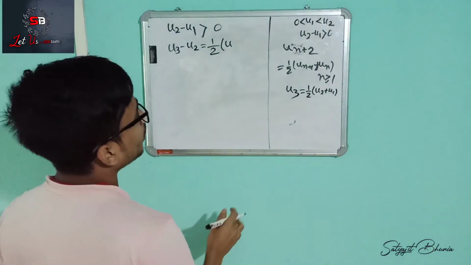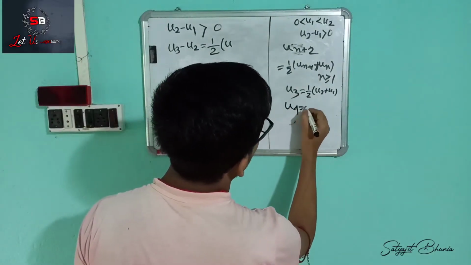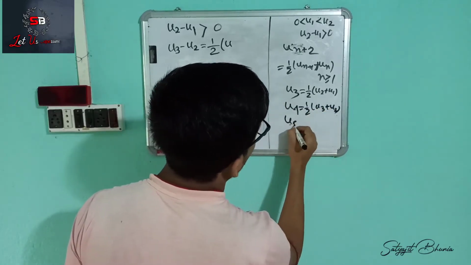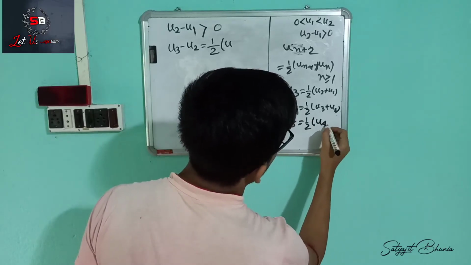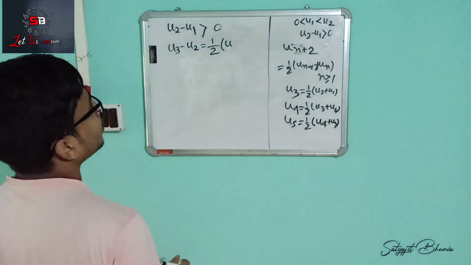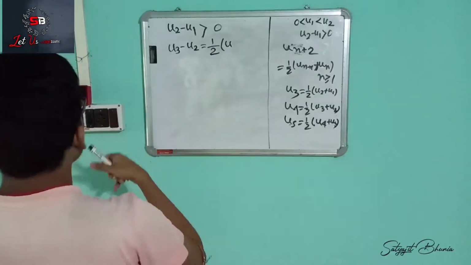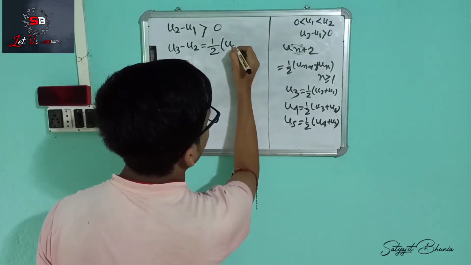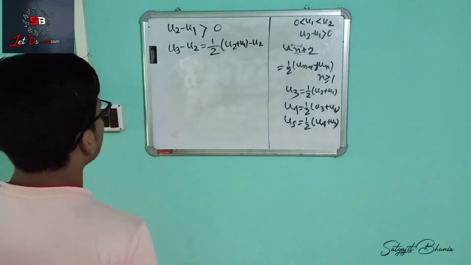In this way we can get u_4 also, from u_3 and u_2, then u_5 from u_4 and u_3, and so on. So from u_3, putting the value of u_3, u_3 minus u_2 is equal to half of (u_2 + u_1) minus u_2.